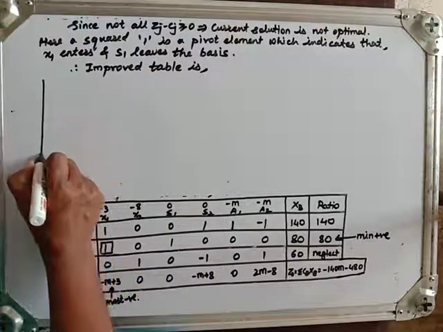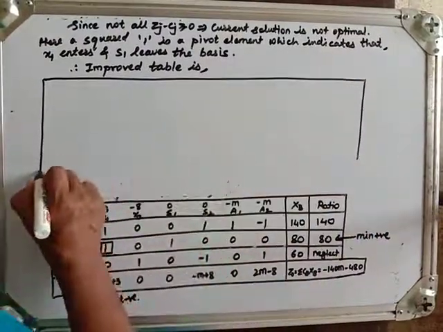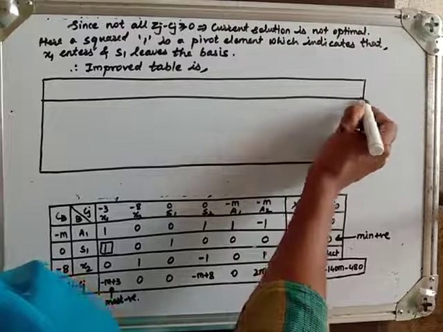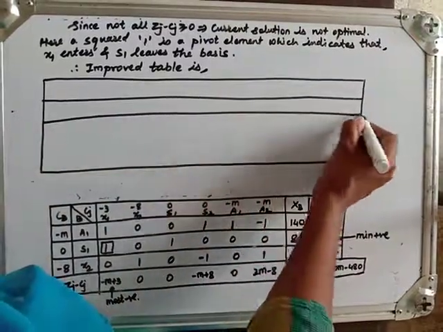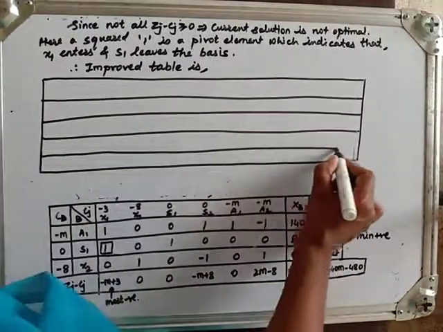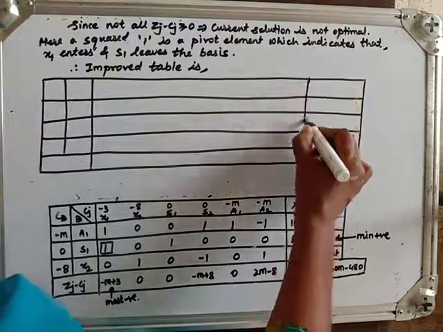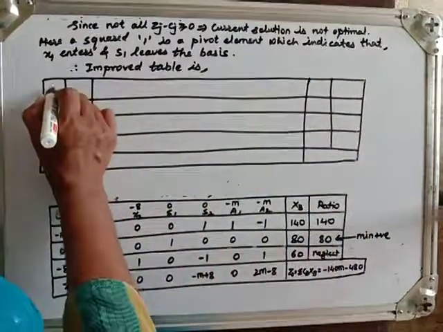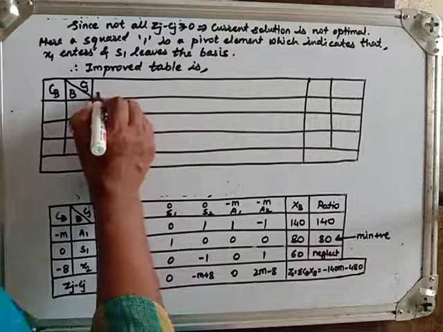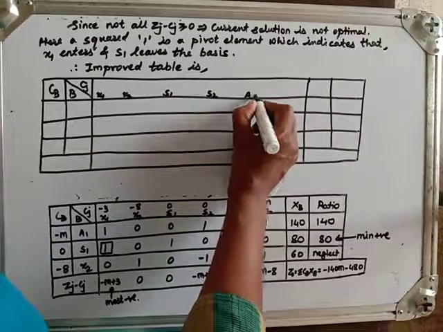So that table will become CB, B, Cj, x1, x2, s1, s2, a1, a2.